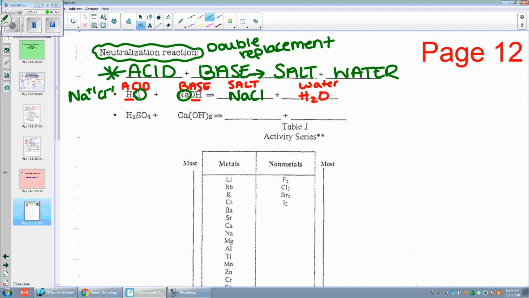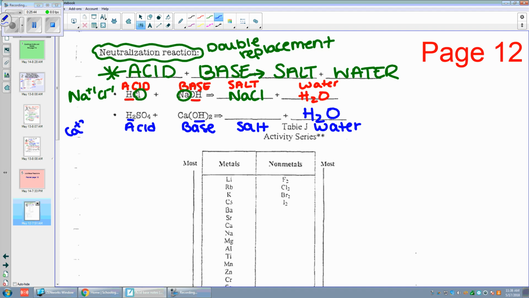I can do the same thing with the next example. I see H2SO4. H is in front. Here's my acid. I see Ca(OH)2. Ooh, I see an OH. This is my base. And I know I'm going to make a salt and water. So I might as well just fill in H2O over here. I just got to figure out who's my salt. So it's between Ca and SO4. I better crisscross.